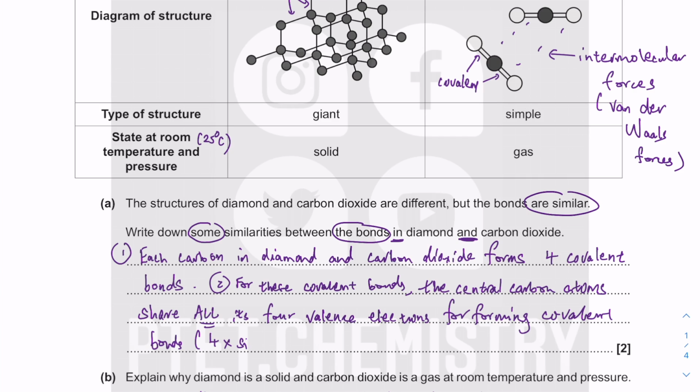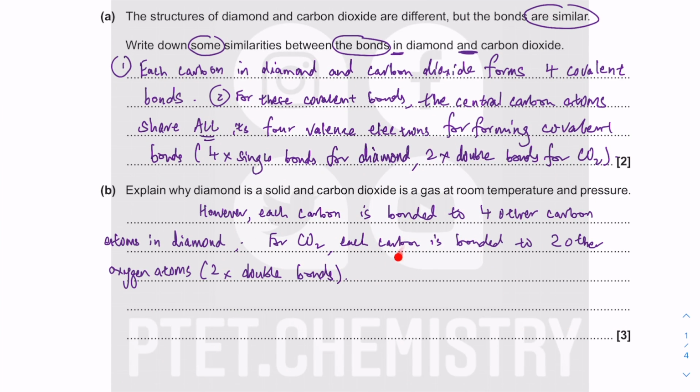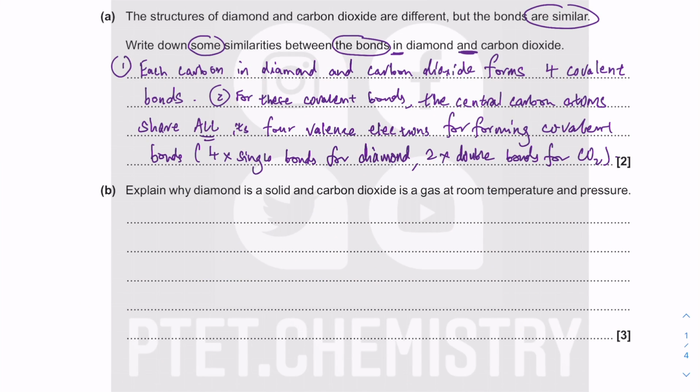Four times single bonds for diamond, and then 2 times double bond for CO2. So in hindsight, I really shouldn't be talking about differences, because this is a difference and they want similarity, so I wasn't really addressing the question that well, because I really wasn't sure what they were asking, to be honest.